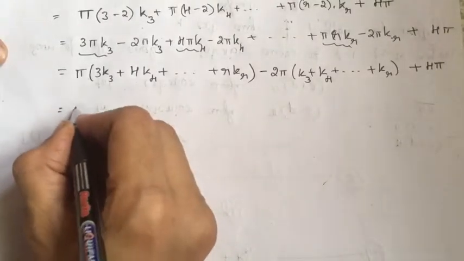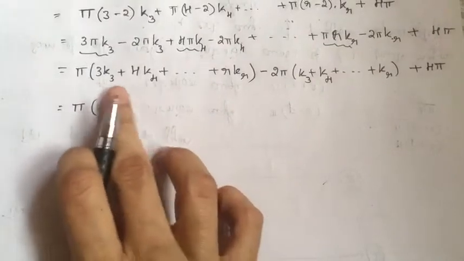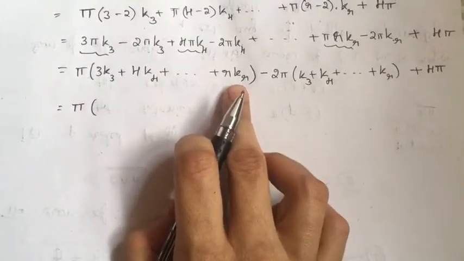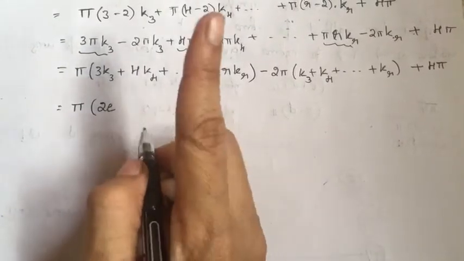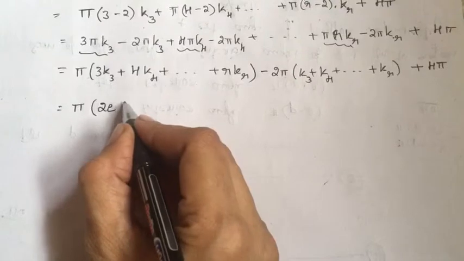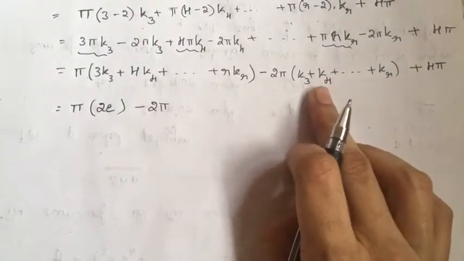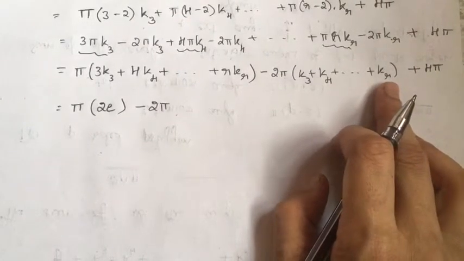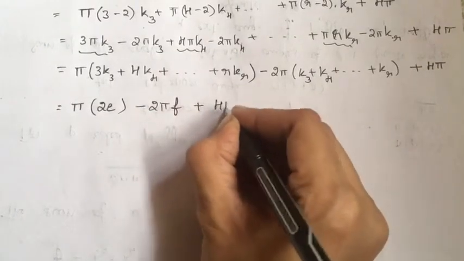Now I have used that 3K3 plus 4K4 up to RKR is nothing but 2e by expression number 1, and minus 2 pi into K3 plus K4 and so on gives me the total number of regions, that is f, plus 4 pi.